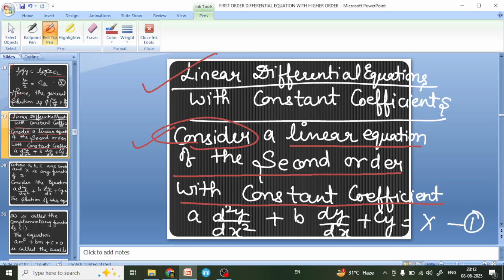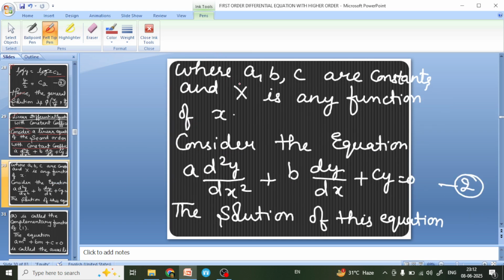When the equation is given in this form, it is a second order linear equation with constant coefficients, where a, b, c are constants and capital X is a function of x. Now consider the equation a d square y over dx square plus b dy over dx plus cy is equal to 0. That is the second equation.